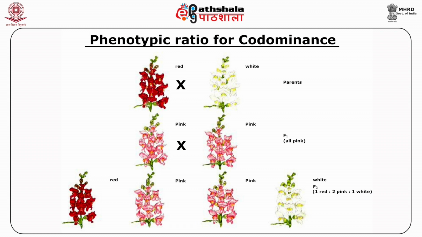These ratios are the same as those for incomplete dominance. Again, note that this classical terminology is inappropriate. In reality, such cases should not be said to exhibit dominance at all.